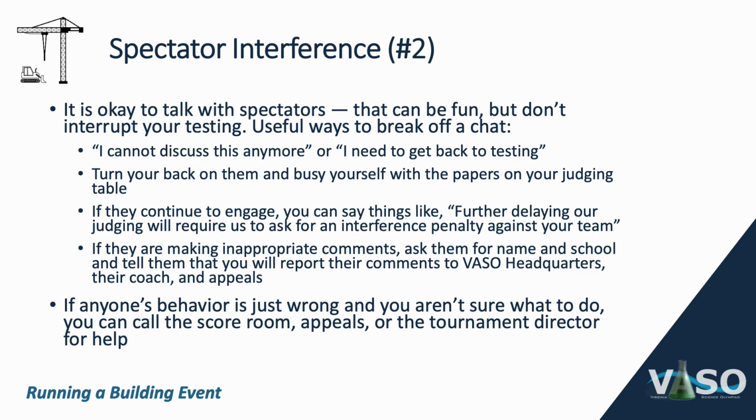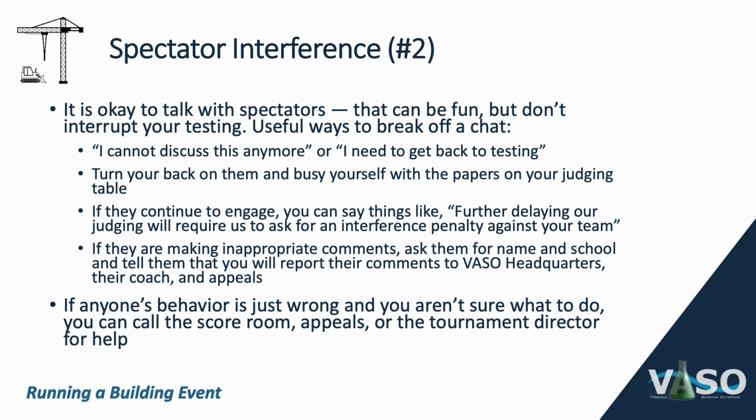If that doesn't work, you can escalate a little and just turn your back on them and busy yourself with papers. If they continue to engage, you can say things like, further delaying of judging will require us to ask for interference. If they're making inappropriate comments, ask them for their name and the school and tell them that you're going to be reporting their comments.